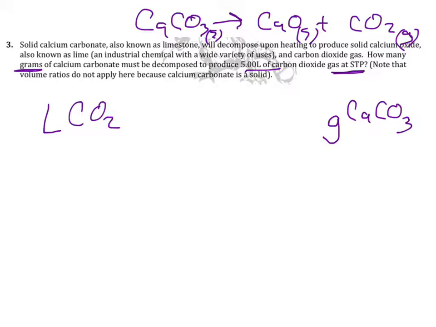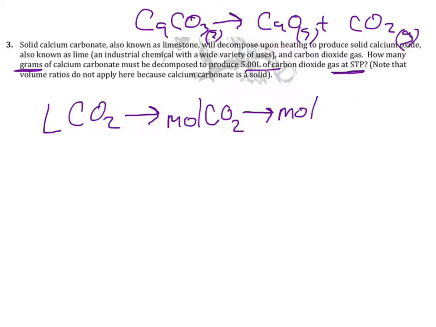So notice here, since we're at standard temperature and pressure, we can actually convert from liters of carbon dioxide to moles of carbon dioxide. And once we know moles of carbon dioxide, we can convert it to moles of calcium carbonate. And once we have moles of calcium carbonate, we can go to grams of calcium carbonate.